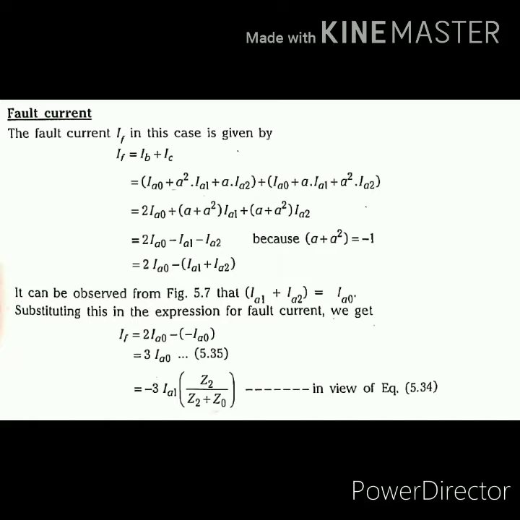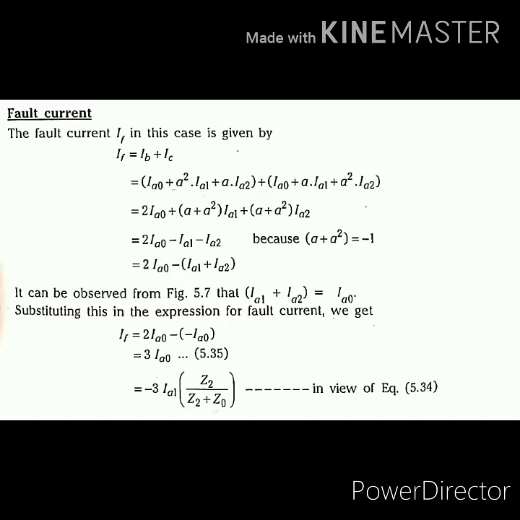This we know from the A operator. Finally we get 2 times IA naught minus the sum of IA1 plus IA2. But if you see figure 5.7 again, we get IA1 plus IA2 is equal to IA naught. So we can substitute this relation and get the final equation for the fault current.